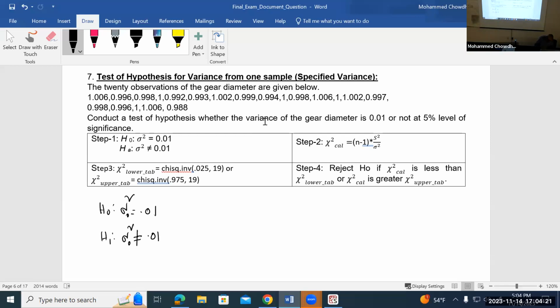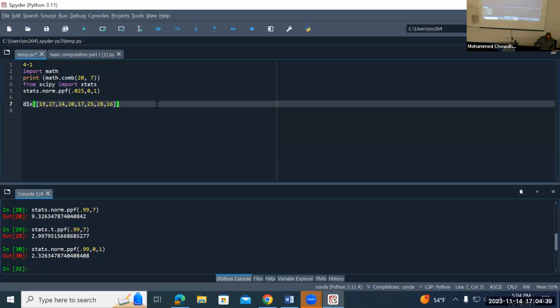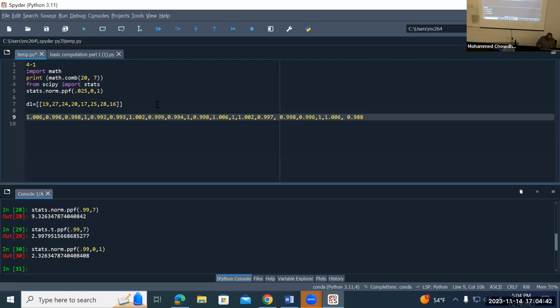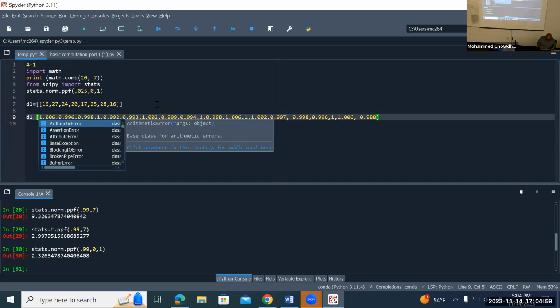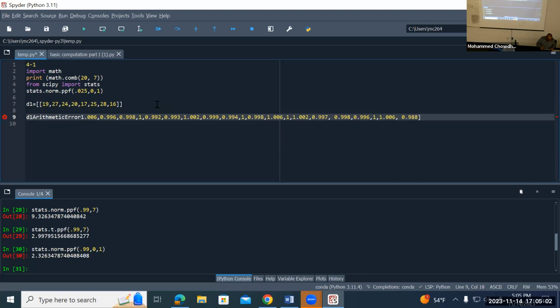Now I have to compute these things. In order to compute these, let me take the data and find the S square values. So let me copy this data and then go and paste it there. Control V, paste there, and then I put here D1 equal to like that, and then run the data.